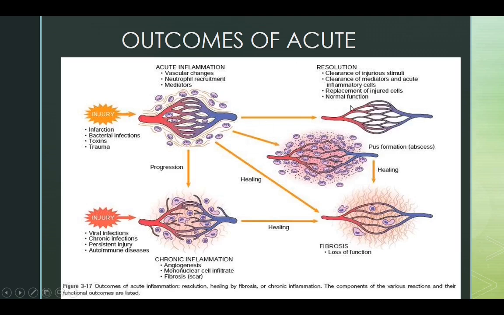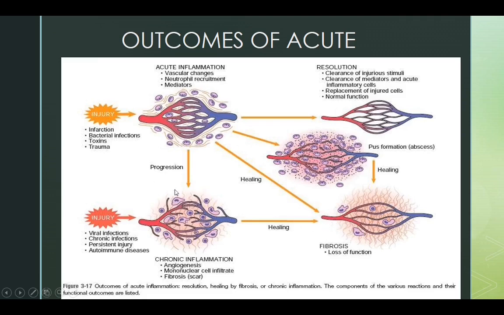So it can resolve completely, or it can go to pus formation and healing, which will further cause fibrosis. The pus formation leads to fibroblastic proliferation and healing, and then fibrosis and loss of function, and the organ will stop functioning. Acute inflammation can also go directly, without abscess formation, to the healing phase, and then cause fibrosis.